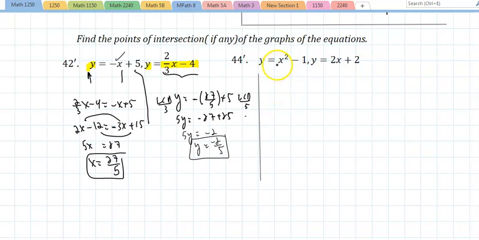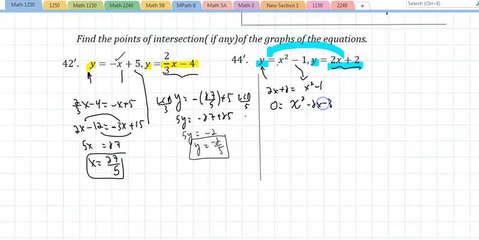The same deal here. This is what y equals. This is what y equals. So I could replace either here, put it there, or the other way around. I could say instead of this y, I'm going to use 2x plus 2 equals x squared minus 1. To solve a quadratic, I get 0 on one side, everything else on the other side. I would factor.